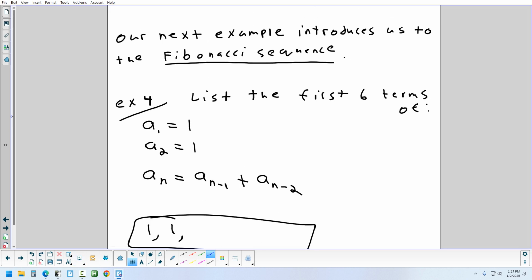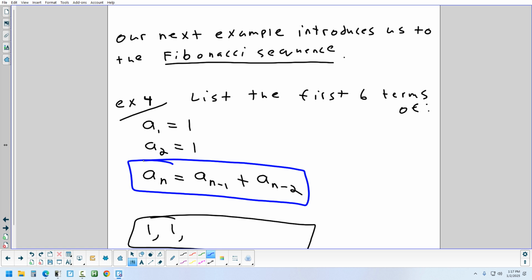Looking at this, what's in that blue box? Anybody think they can tell me what that means? To get a particular term in the sequence, what is this telling you to do? 1 plus 1. To get this one, yeah.